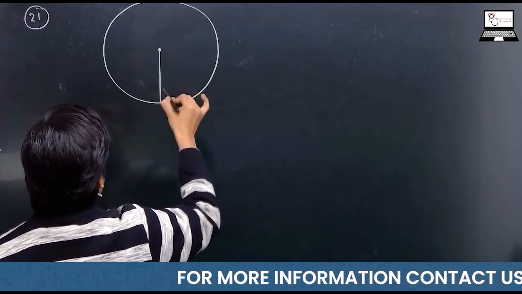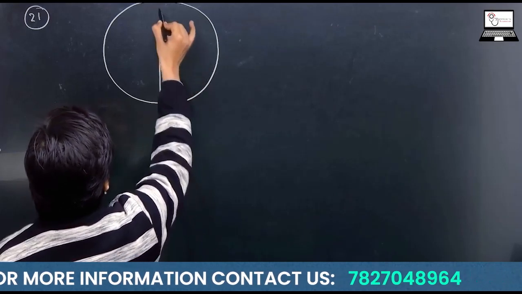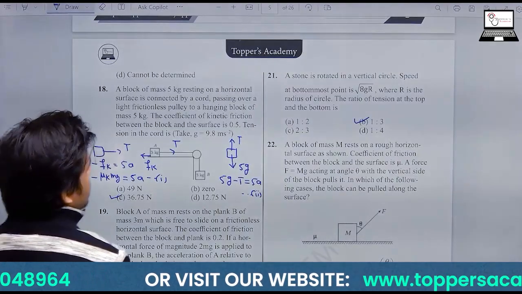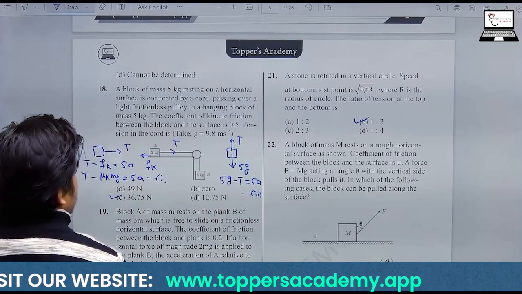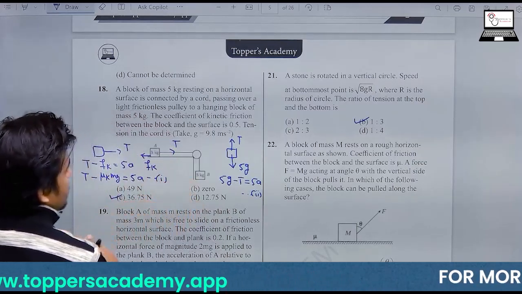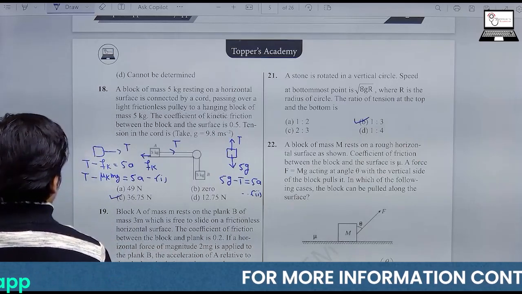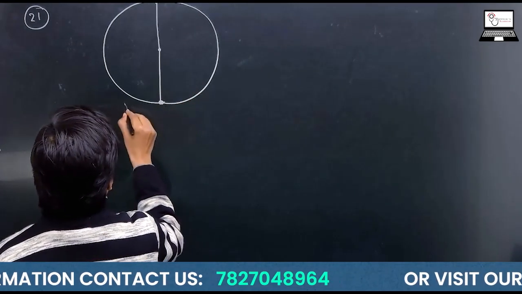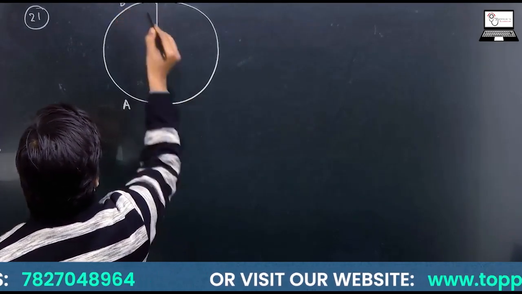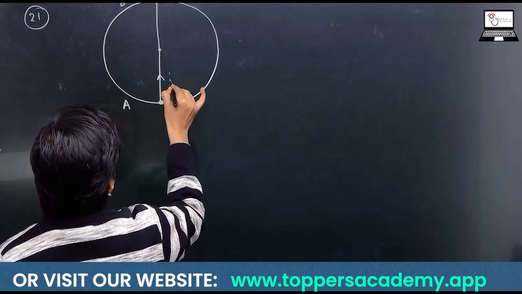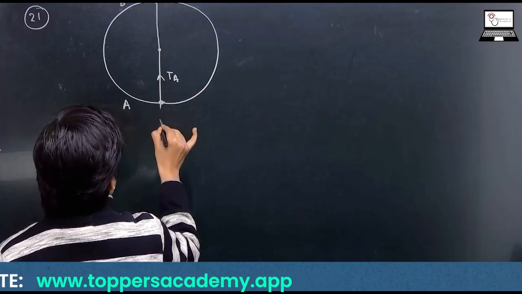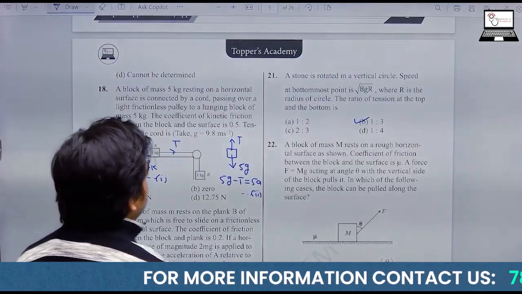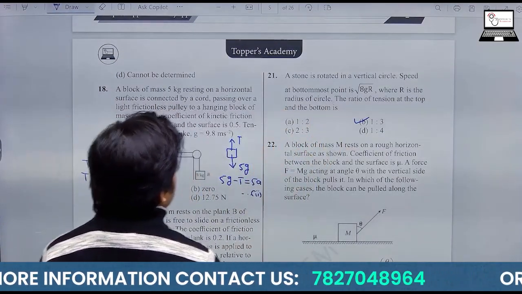To solve these kinds of problems, suppose that the lowermost point is A and the top point is B. Here tension TA is acting in the upward direction, and the weight of this stone is acting in the downward direction.